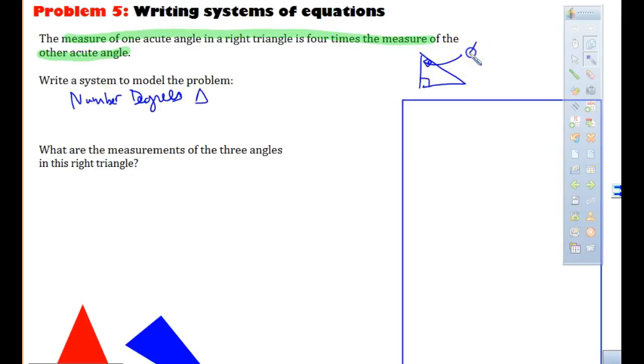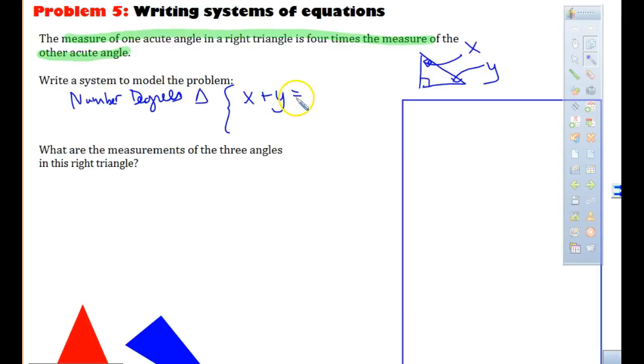X, okay? And this one? Y. And what do you know about X and Y in that right triangle? What do you know about the total number of degrees? 90. So X plus Y equals 90.